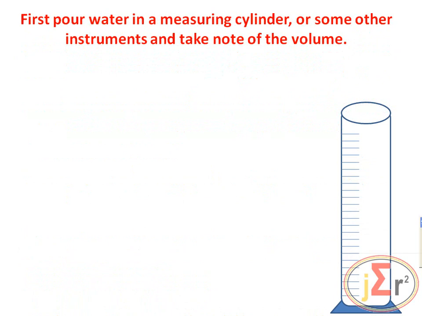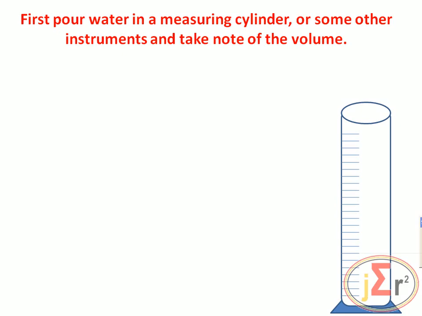First, pour water in a measuring cylinder or some other instrument and take note of the volume. So, in order to determine the volume of a stone, which is an example of an object that will sink underwater, what do we do?